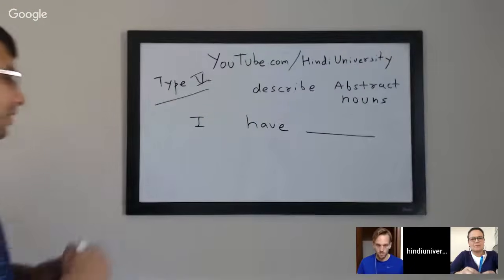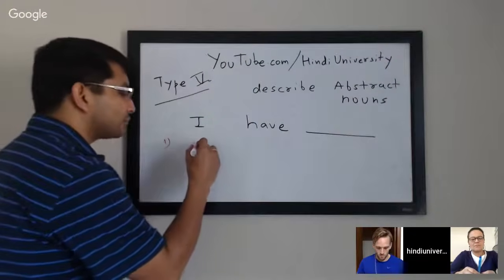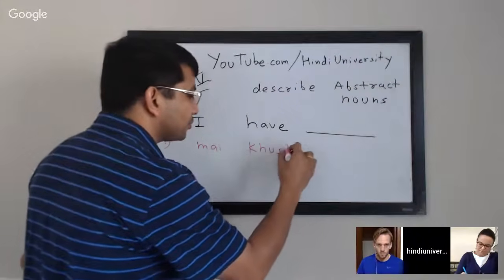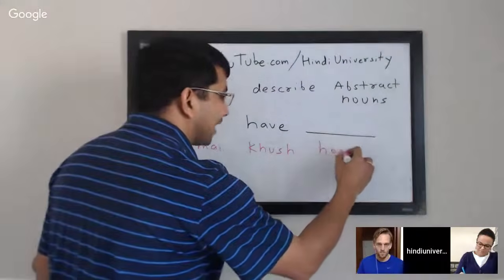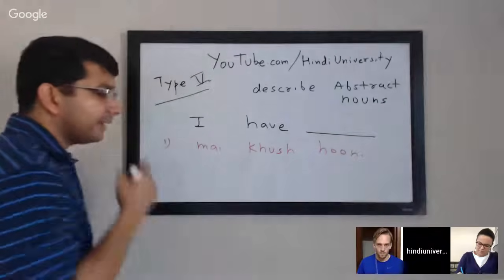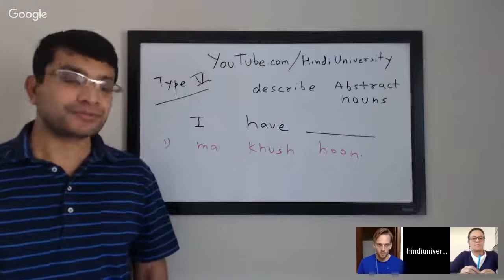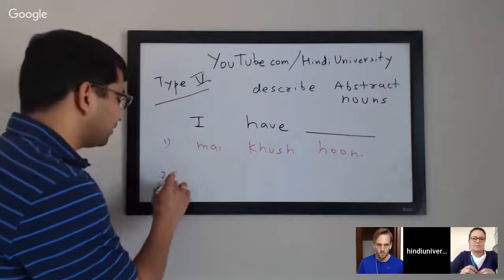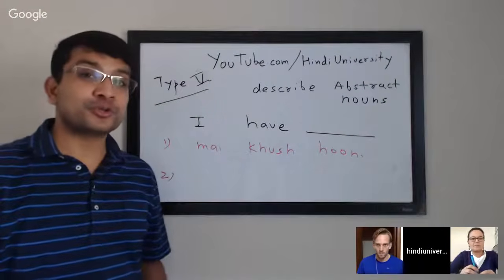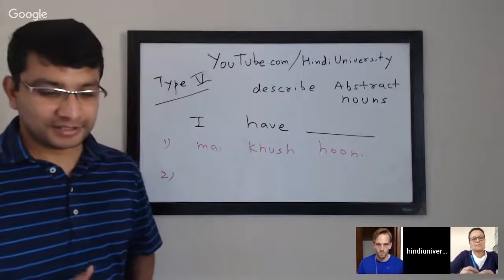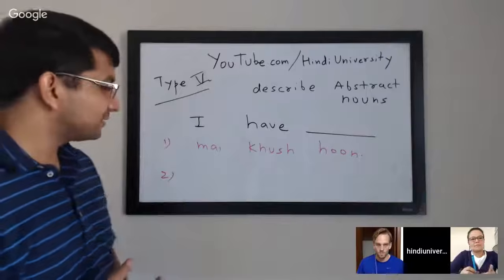The first one is like मैं खुश हूँ. I am happy. Now you want to say there is happiness. I'm forcing you to use the post position ko in this case. How do you say that, Carl?